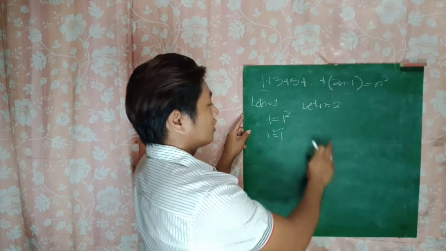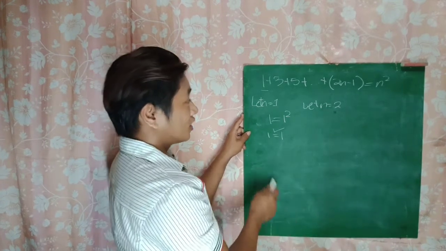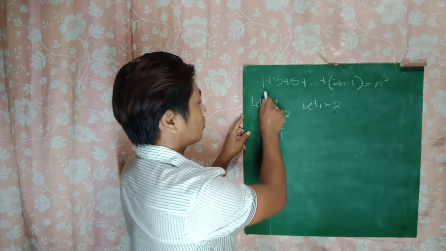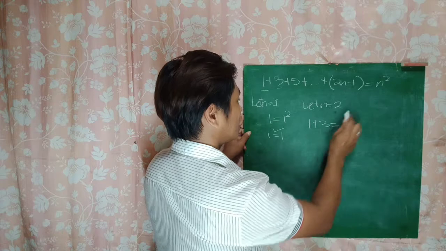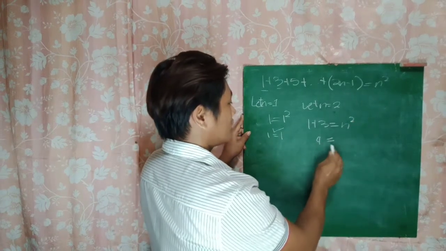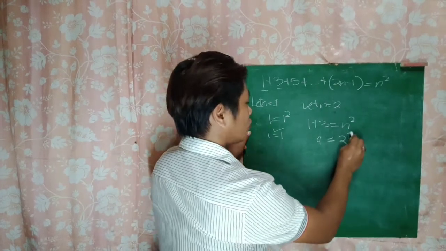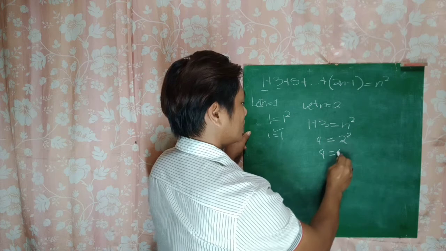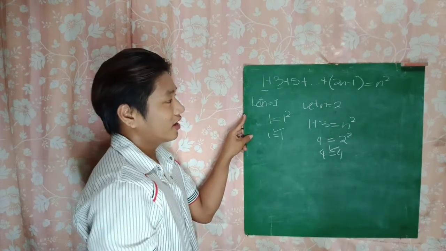We need to get the two place values in the given equation, the 1 and 3. So we have 1 plus 3 equals n squared. 1 plus 3 equals 4. For n squared, we substitute n by 2, so 2 squared equals 4. They're equal. And then, we let n equal to 3.